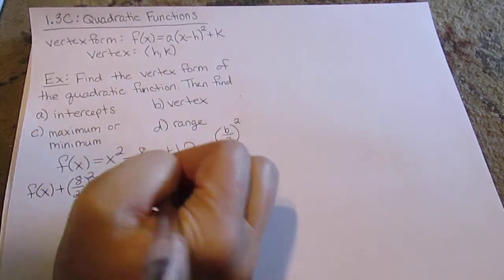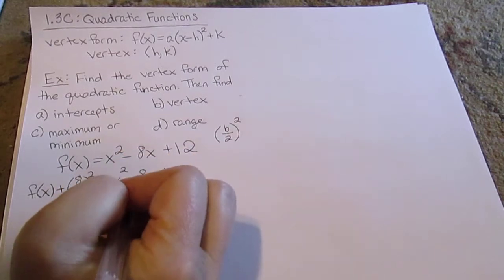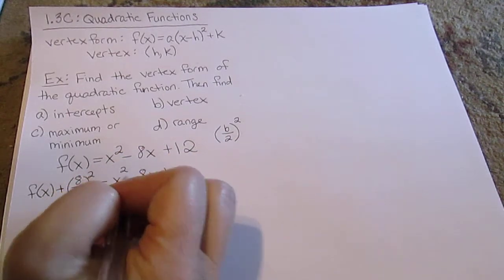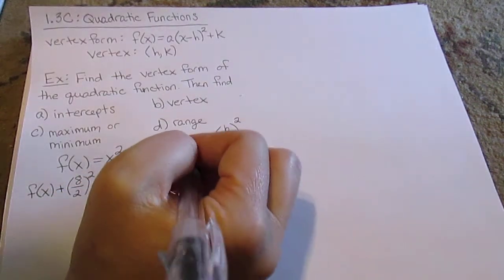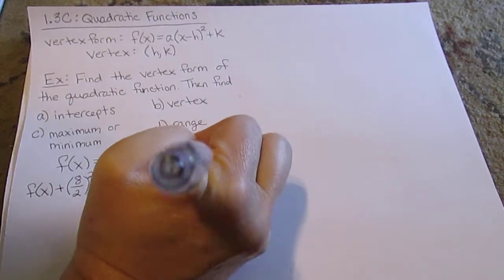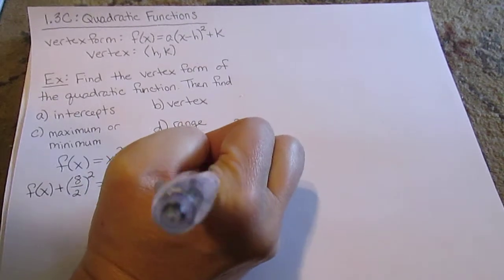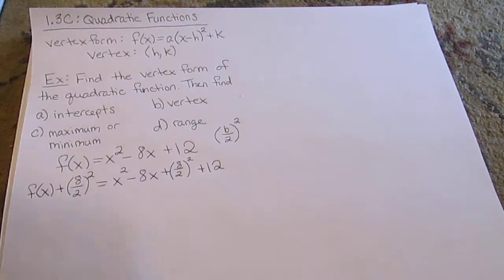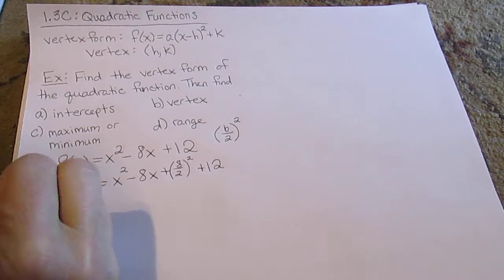And then I add it right here because this whole thing is going to be a perfect square once we do this. So it's going to look nicer if we put it right here. And then plus 12. Let's simplify it a little bit.